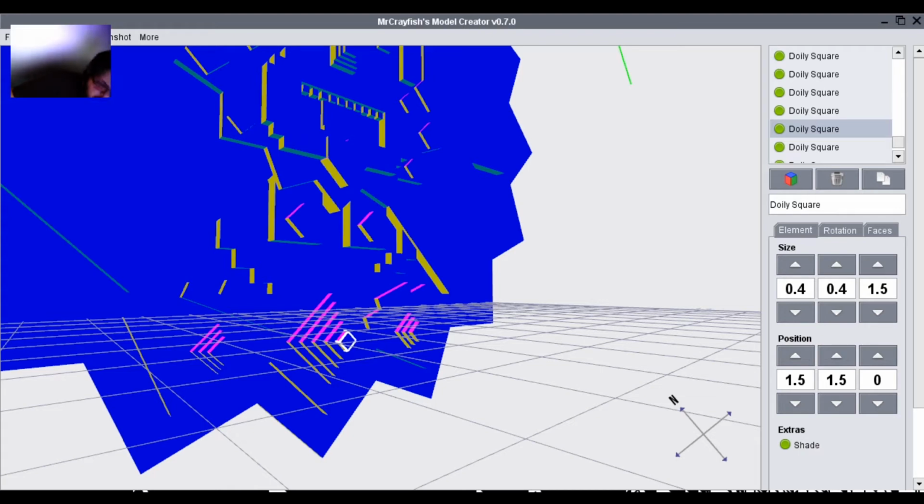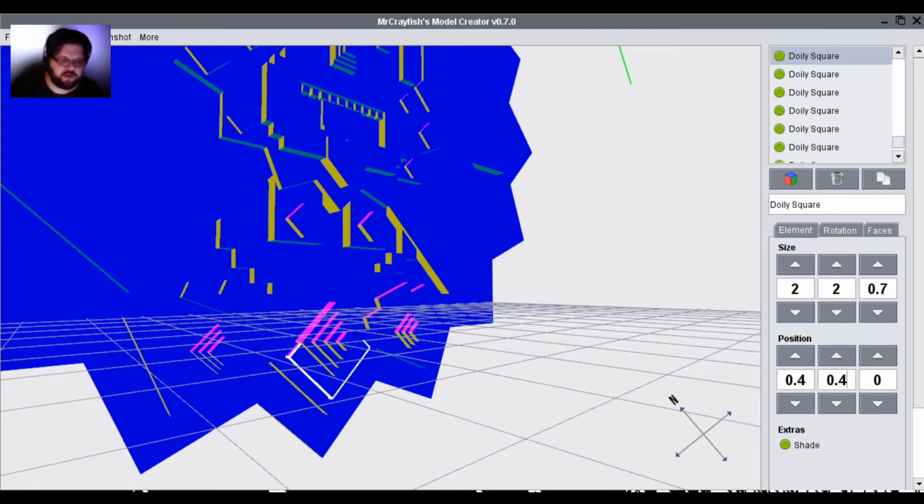I need to lower it. I don't like how high up it is. What if I bump it down 3? See, that's a much better spot for it. But it's a little off. How about only 2? Yes, yes, I'm liking that.